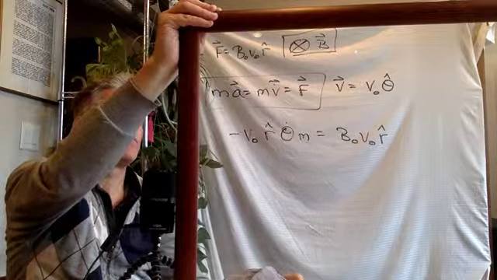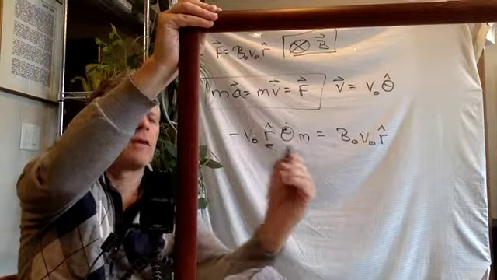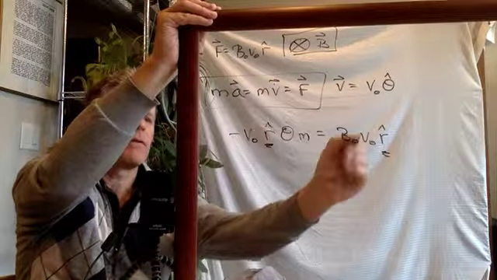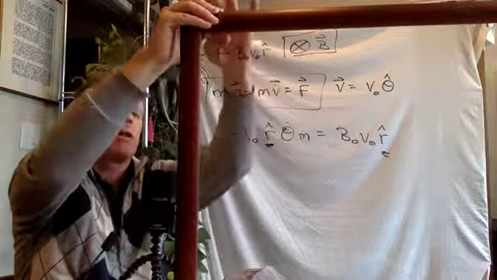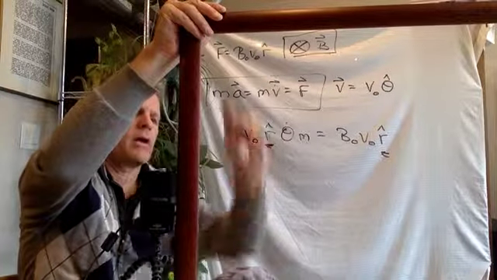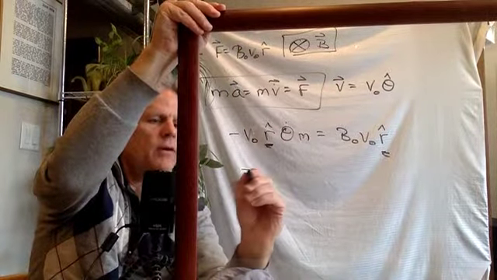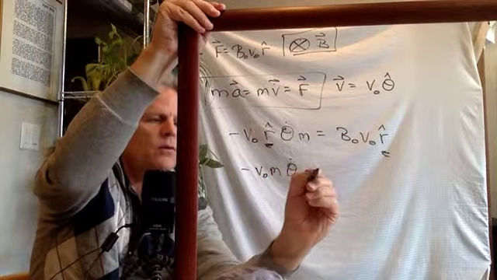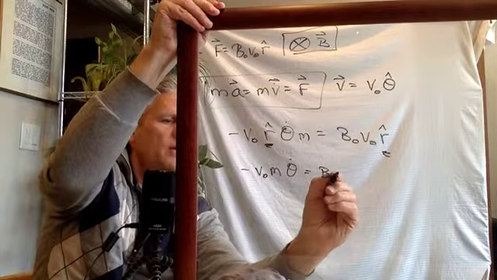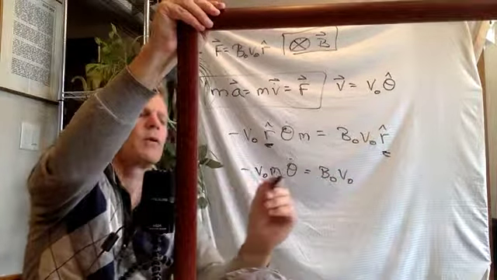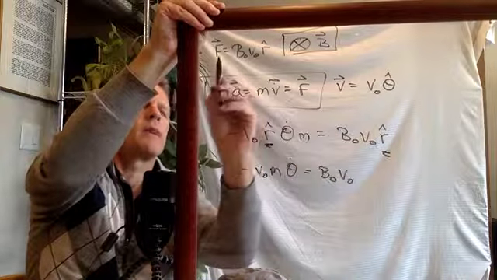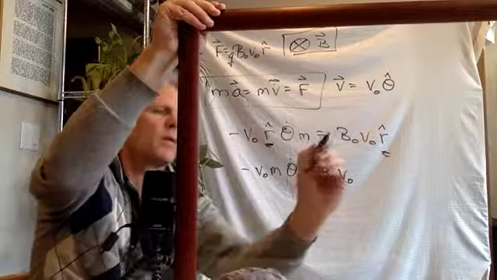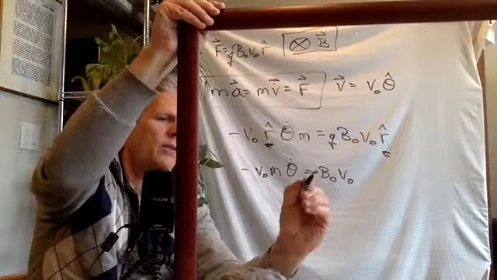And you'll notice that we're actually working with the same component here. We now have the r hat equation that we have set up. So what we really have here is magnitude V0 m theta dot equals B0 V0. Oops. This is not F. I forgot the Q. It's Q v cross B. So there's a Q in here, and there's a Q in there.